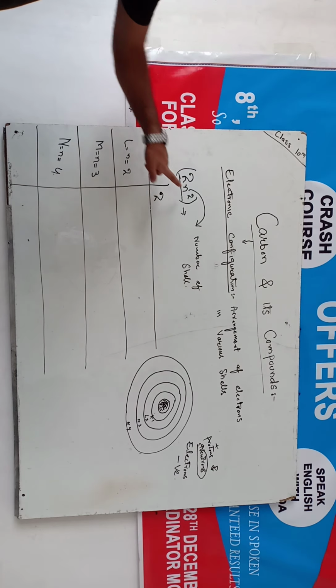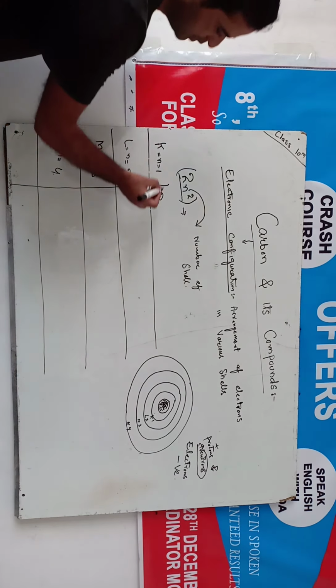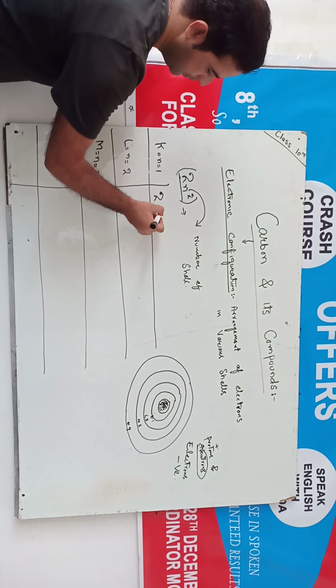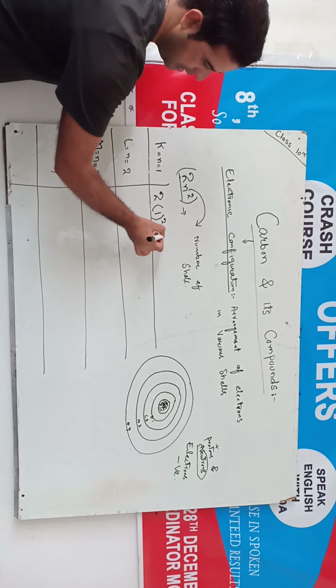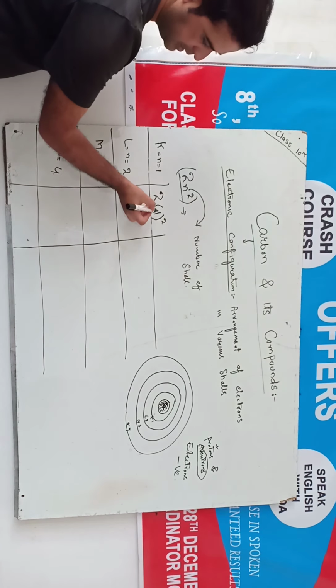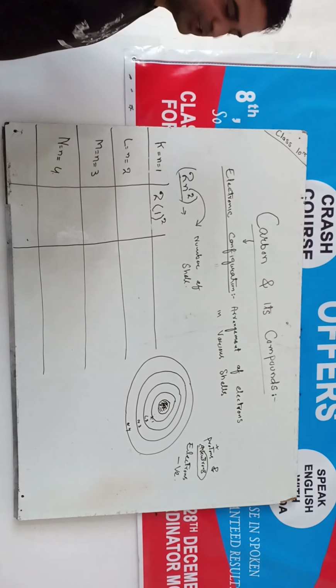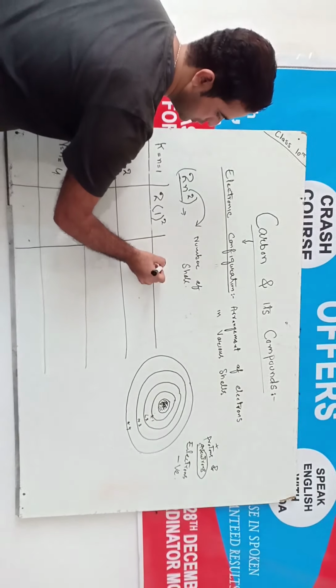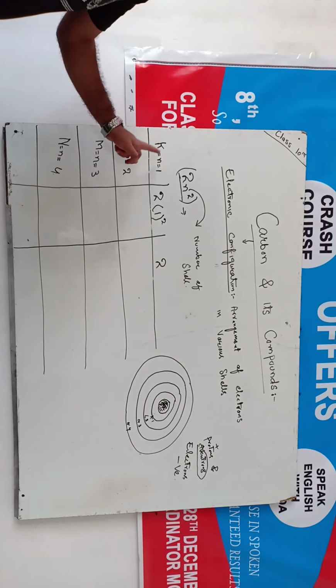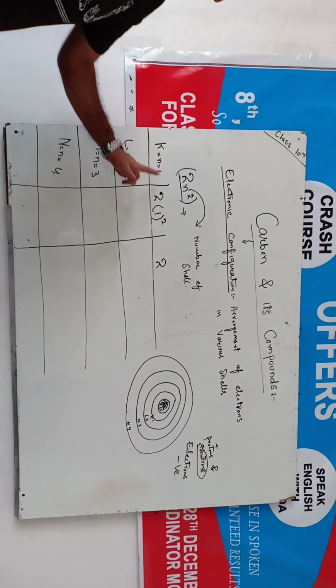For K, n is equal to 1. 2 into 1 squared, after simplifying, 1 raised to the power 2 is 1 into 1, that is 1. 2 into 1 is equal to 2. So this is the maximum number of electrons K shell can accommodate. That means K shell can accommodate a maximum of 2 electrons according to the 2n square rule.